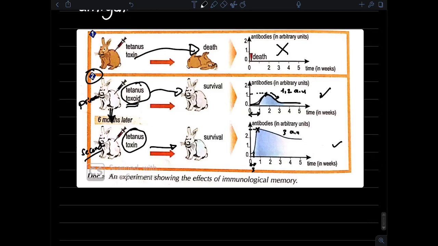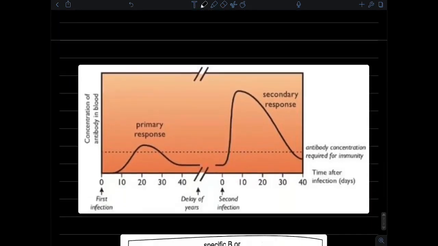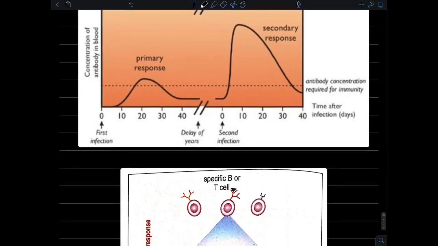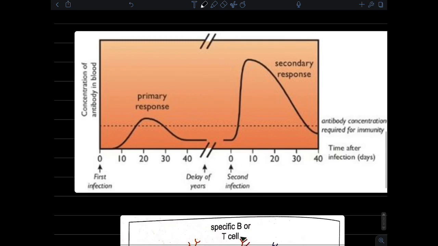We have another characteristic, that the secondary immune response is more persistent, and antibodies remain for more time in the body. To explain this point, here we have this dotted line.